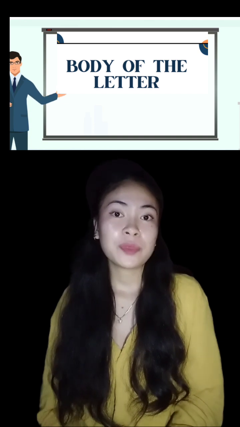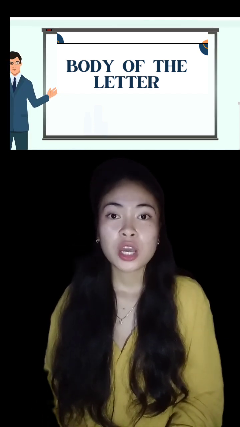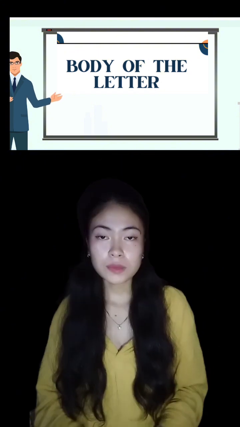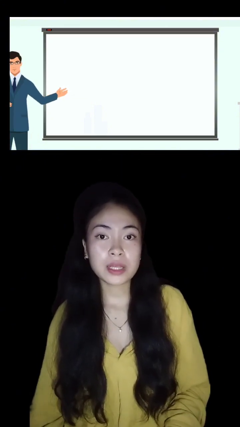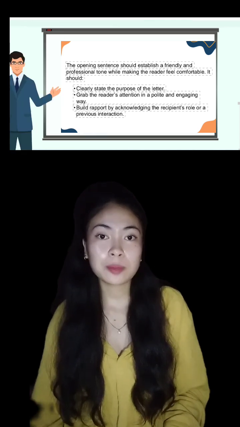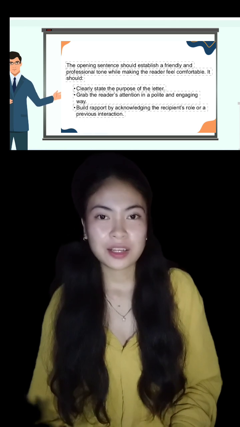Therefore, you as a writer should write your message completely. When writing the body of the letter, the opening sentence should establish a friendly and professional tone while making the reader feel comfortable.